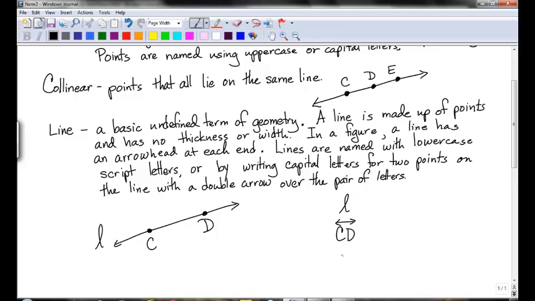Could I do it this way? Yes, that's the same. So as a grader, you got to pay attention. If I put CD like this, line CD, is that the same as this line? Yes. So don't count this wrong.